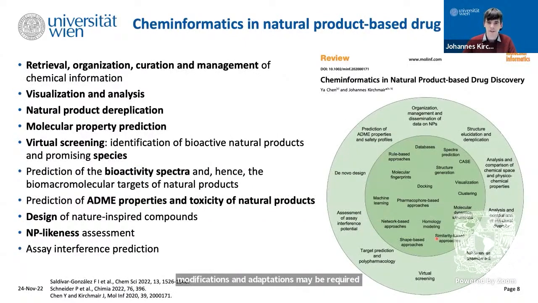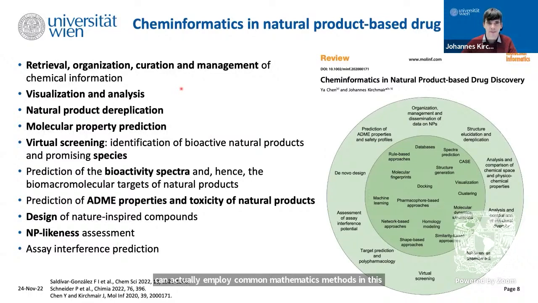So not too long ago, we actually tried to summarize the state of the art and the scope and limitations of computational methods in natural products-based drug discovery. And in this review, and also today in my talk, I'm trying to cover the most important aspects of where we can actually employ cheminformatics methods in this particular area of interest.